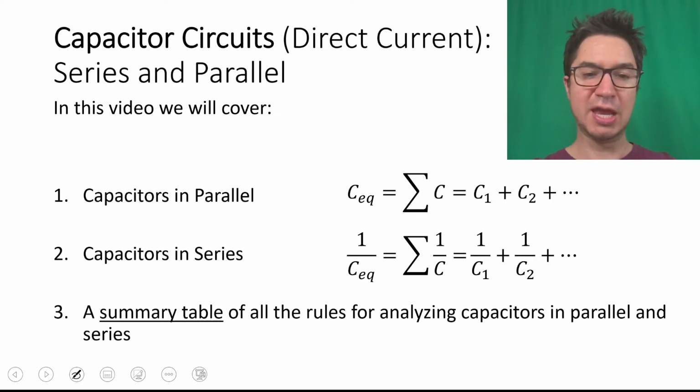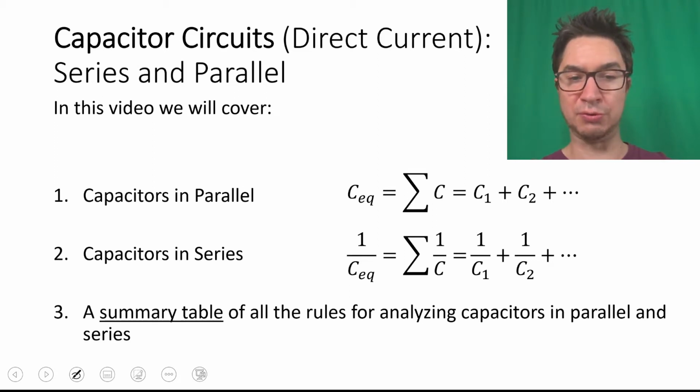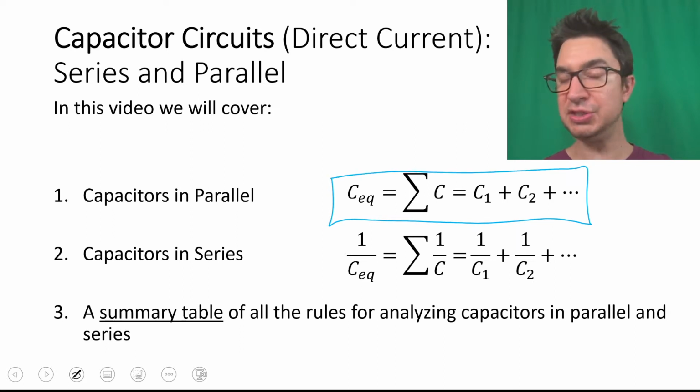Now you might ask yourself, why is it that we're starting with parallel first, whereas with resistors, we started with series first? Well, it's because the pattern for equivalent capacitance in parallel is the easier pattern. And I like to start with the easier pattern first.